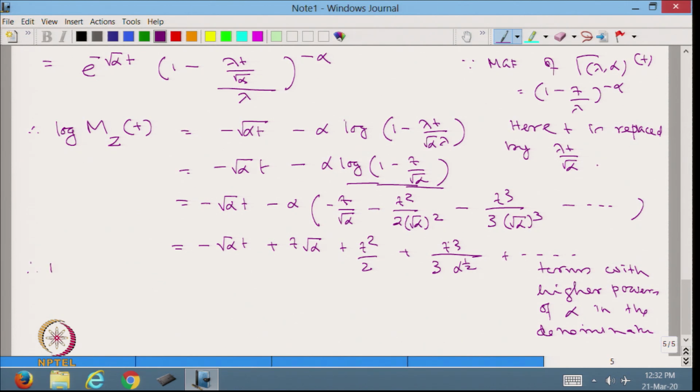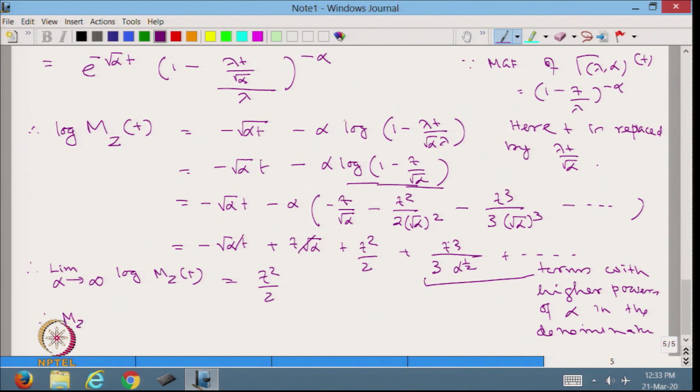Therefore, the limit as alpha goes to infinity of log of m z t is equal to t square upon 2, as these two cancel and all the others go to 0.